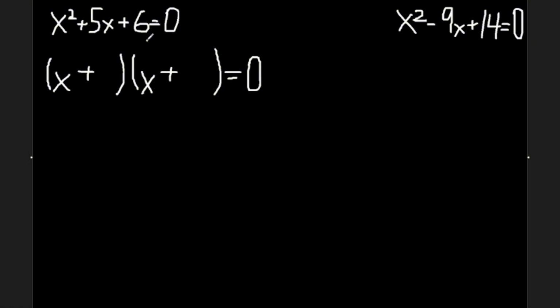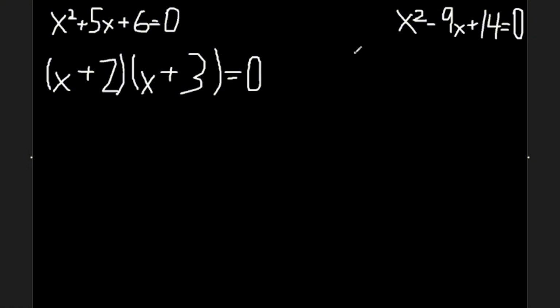Since both of them have the same signs, it doesn't really matter where you put them. It could be x plus 3 and x plus 2, or x plus 2 and x plus 3. The factors that add up to negative 9 and multiply to 14 are negative 7 and negative 2.